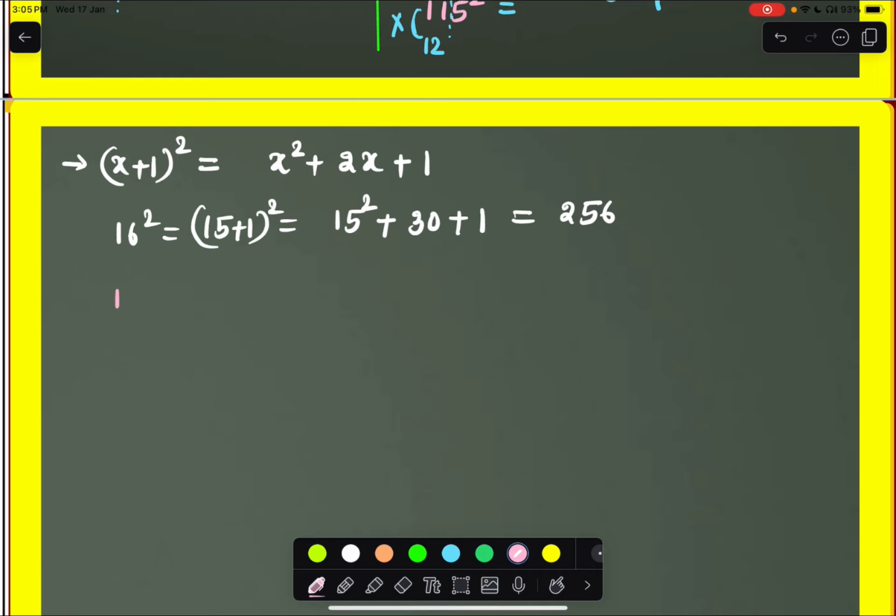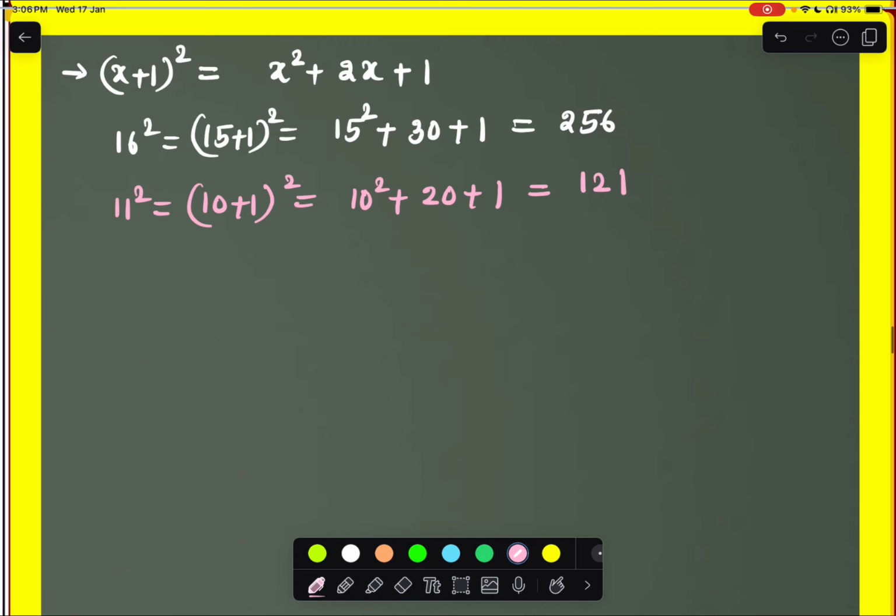Here I want 11 square. 11 square is also 10 plus 1 whole square. So a square, the 10 square value, I can write here. 2ab value, 2 into 10 into 1, gives 20, plus 1 on that. We know the 10 square value is 100. 100 plus 20 is 120. 120 plus 1 equals 121. Similarly, I want 21 square.